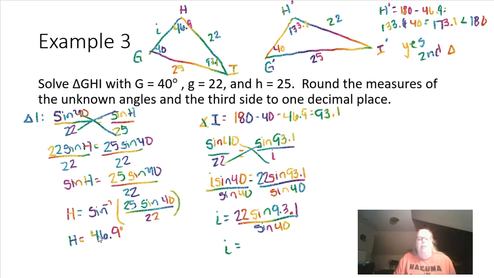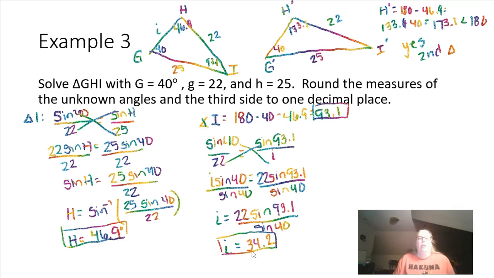All right, let's put that in the calculator and see what side I is. And if I round this, this is going to give me 34.2. Okay, so here are my solutions for triangle 1, angle H, side I, and angle I.